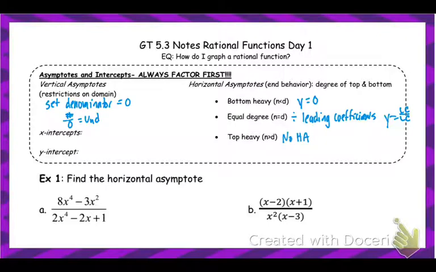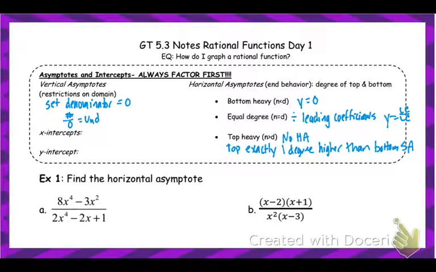But there is a special case if the top is exactly 1 degree higher than the bottom, then we're going to have a slant asymptote. We're going to get into slant asymptotes here in a little bit. We have a whole section on it. But that takes the place of the horizontal asymptote. We're not going to have both.